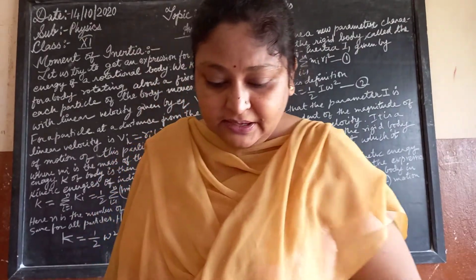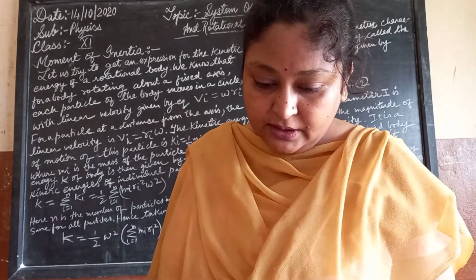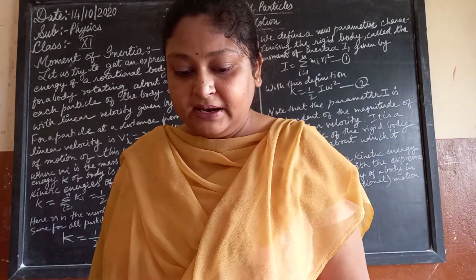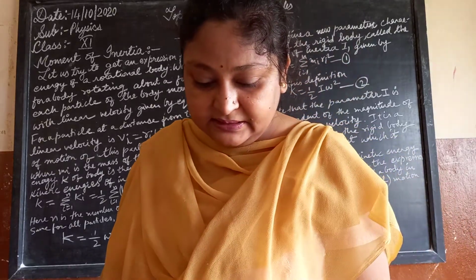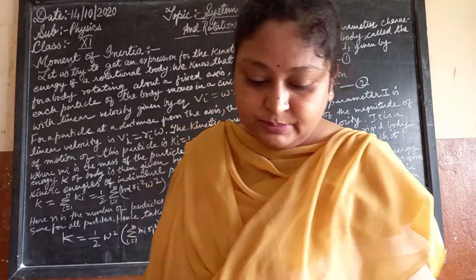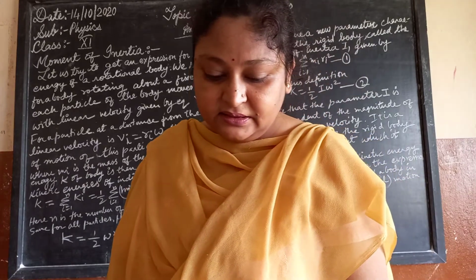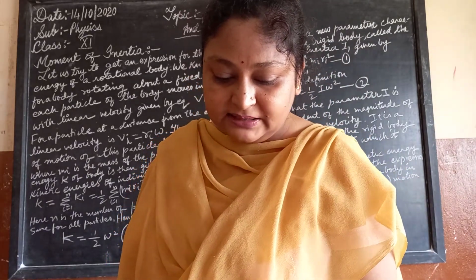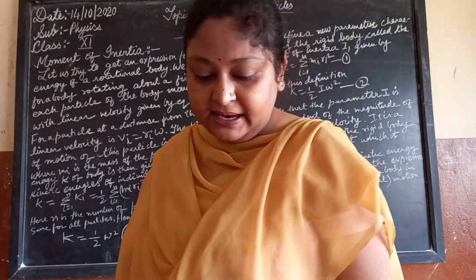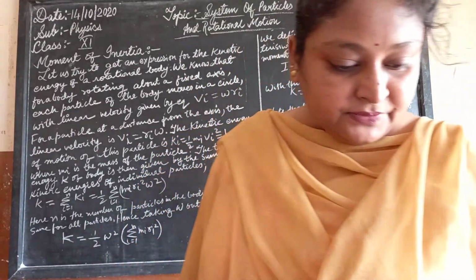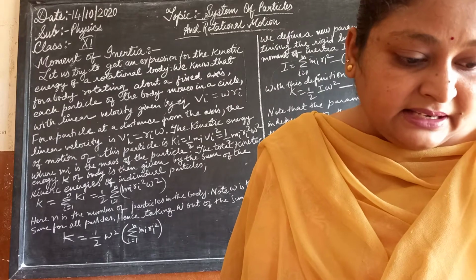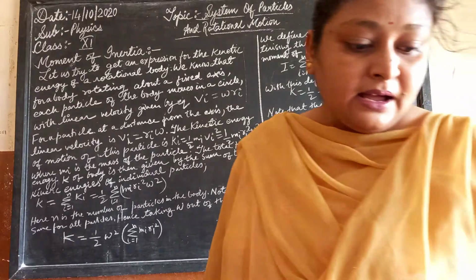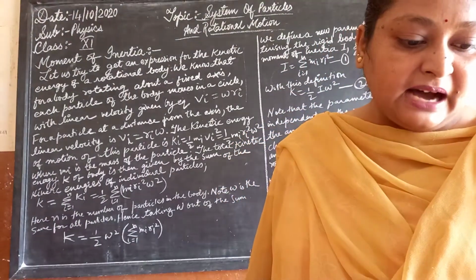Now by applying the definition I equal to sigma i equal to 1 to n m_i r_i square, we have considered two simple cases. Consider a thin ring of radius r and mass m rotating in its plane around its center with angular velocity omega. Each mass element of the ring is at distance r from the center and moves with a speed r omega.